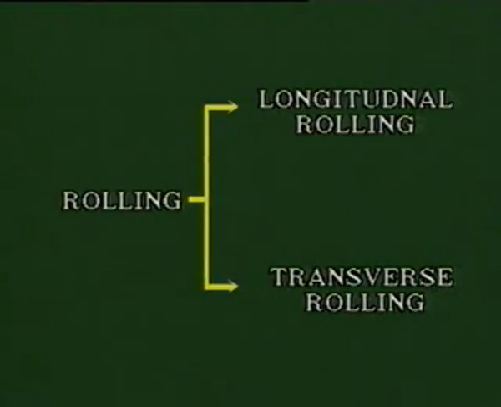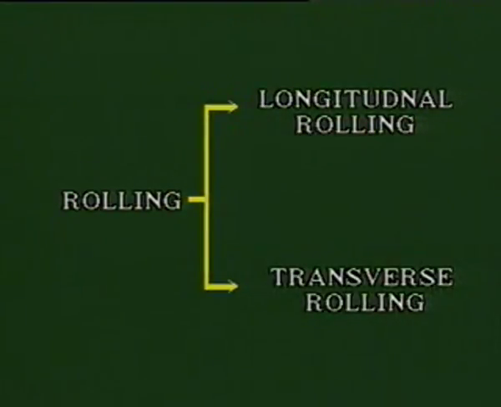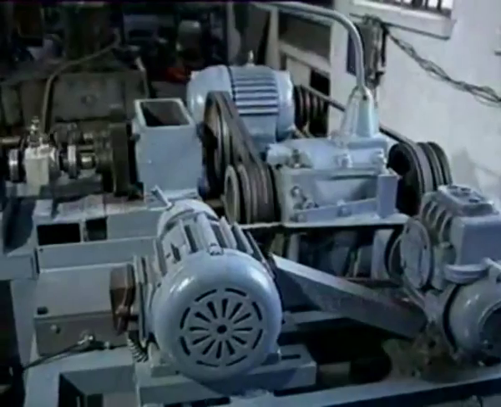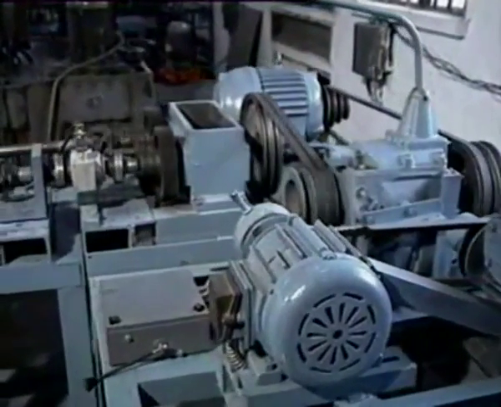Another version or type of rolling process is transverse rolling. Let us have a look at a transverse cold rolling machine.